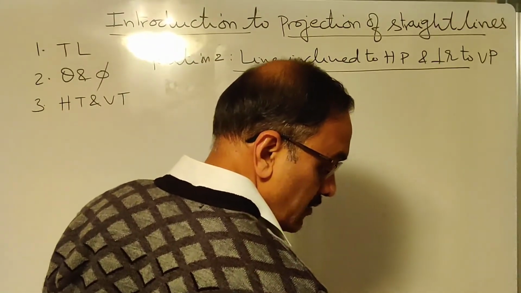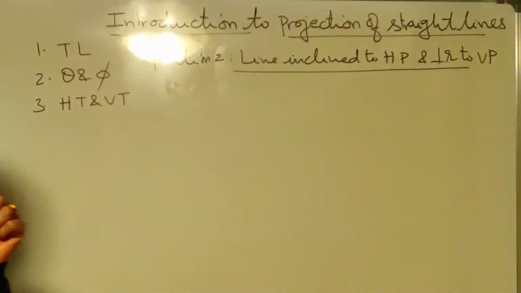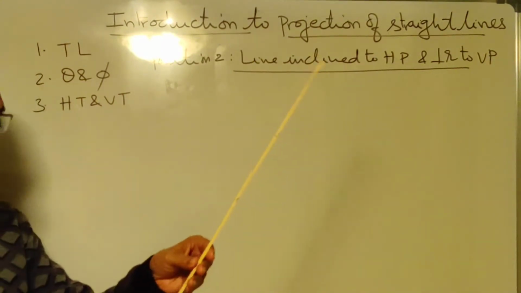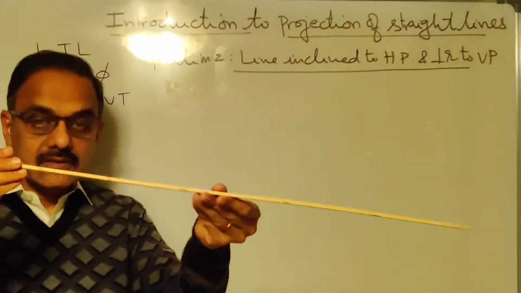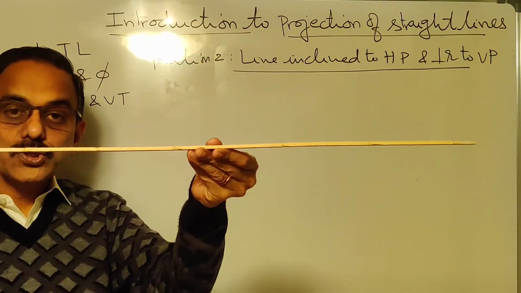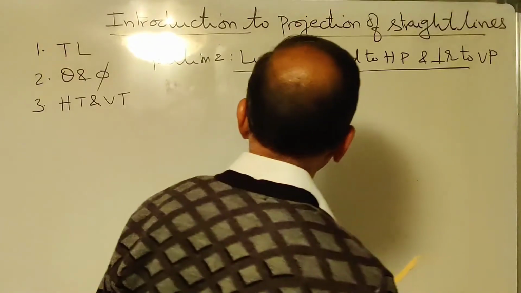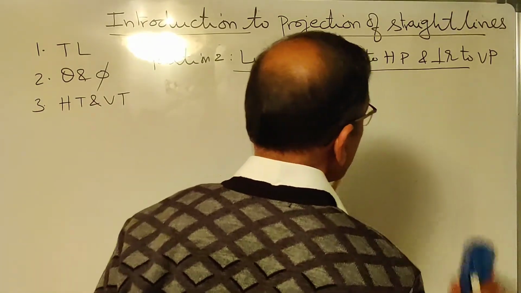This is the second position of the line. Let me show it to you. This is the position I started with. The line is parallel to both HP and VP. I'm sorry, it should be inclined to HP and parallel to VP.